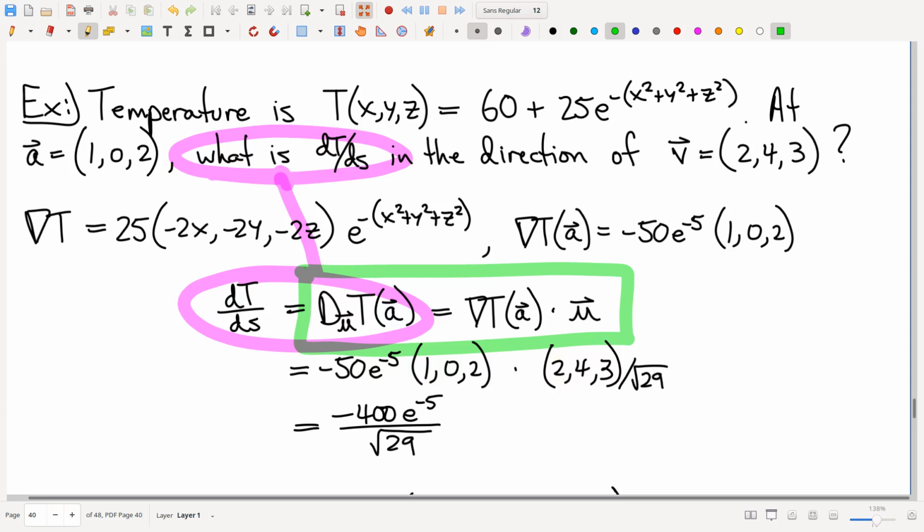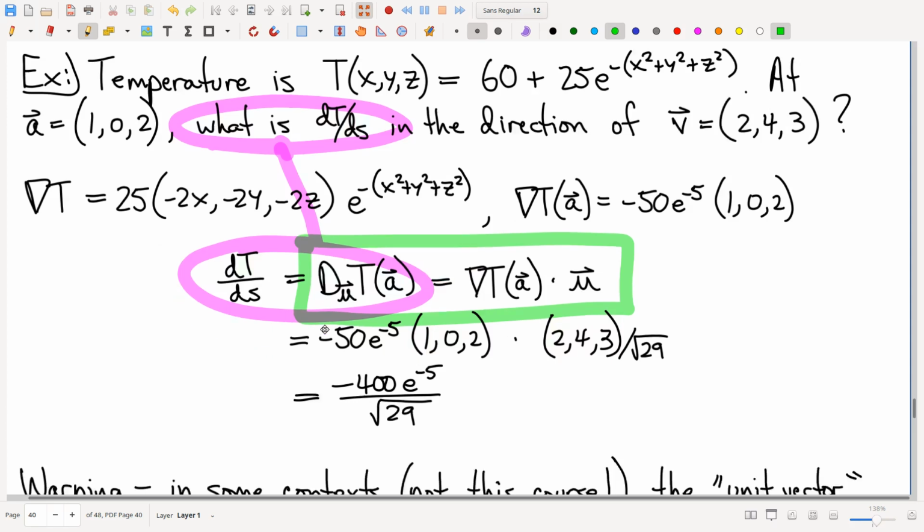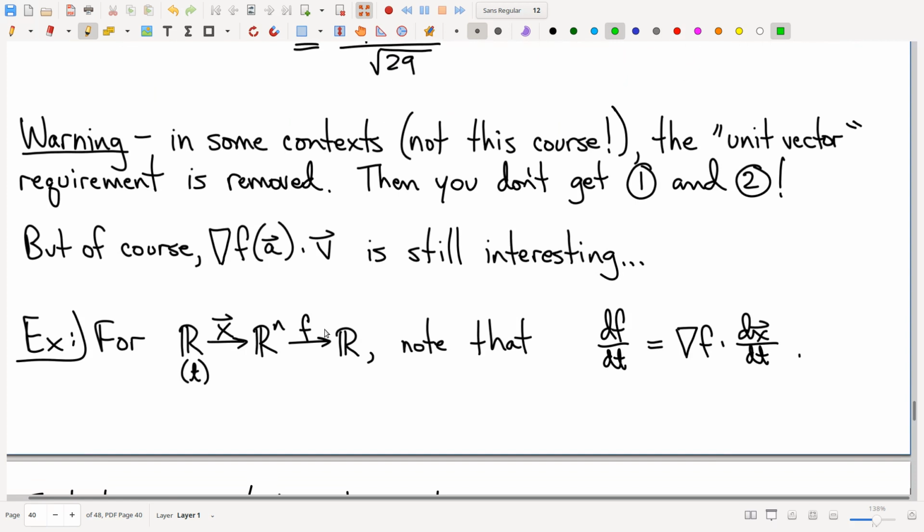All right, now I have some bad news. Depending on who you talk to, there are different interpretations of the term directional derivative. This is a source of great frustration for me, anyway.